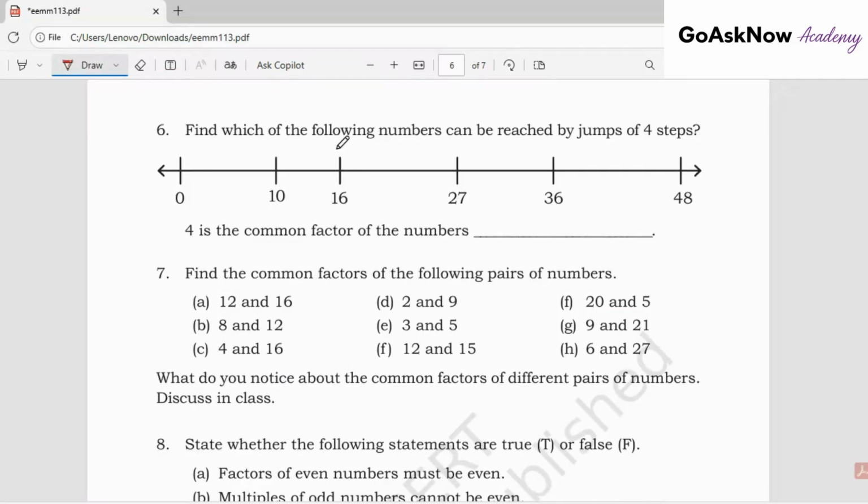Sixth question. Find which of the following numbers can be reached by jumping 4 steps: 4, 8, 12, 16, 36, 48.